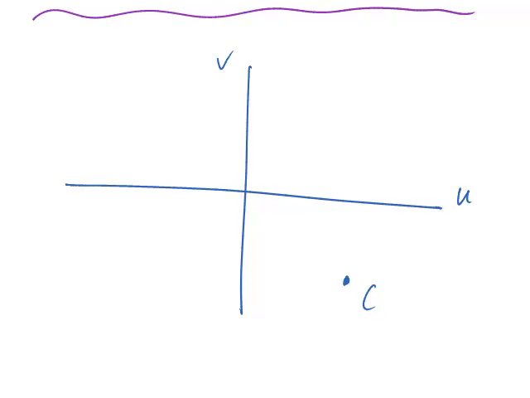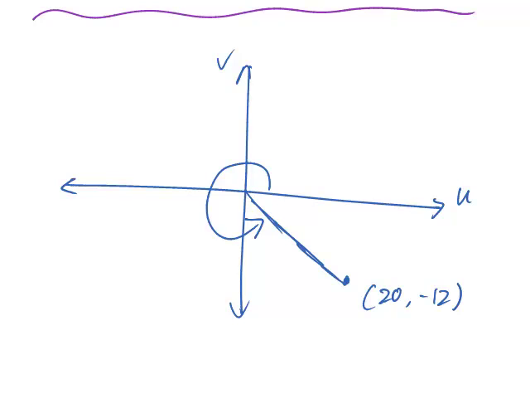Let me label my axes and not be lazy, and draw little arrows. So this point over here is going to have a u coordinate of 20 and a v coordinate of negative 12. And this is our angle, theta, and this angle is the reference angle, theta ref.